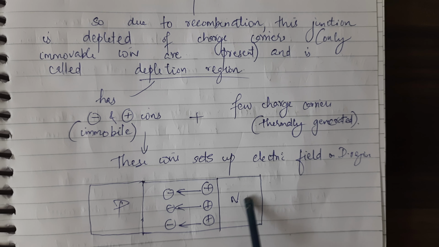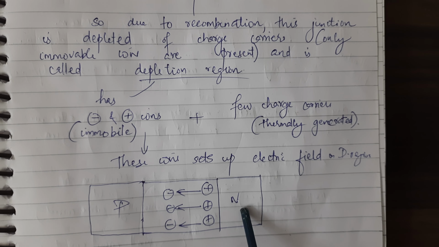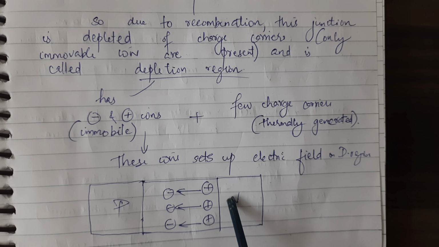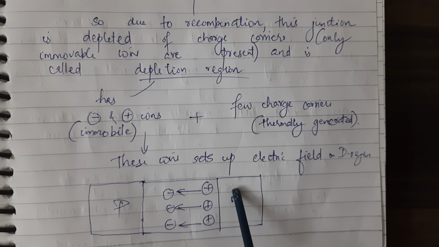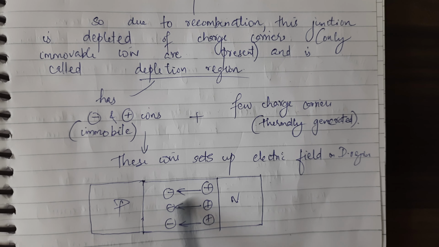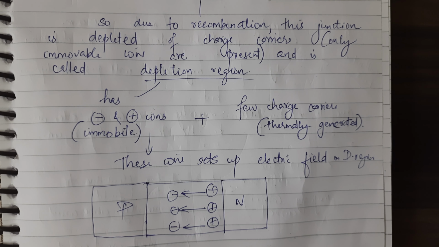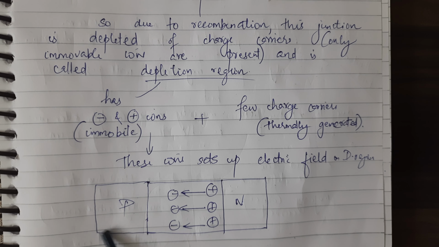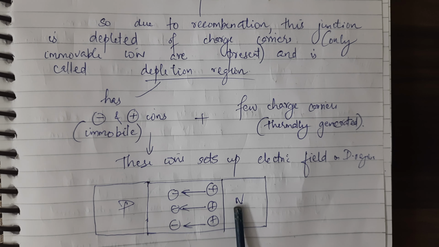Suppose in n type here the minority carriers are holes. These holes will get attracted to the p side, and similarly the electrons in the p region, which are the minority carriers here, will get attracted to this n region.